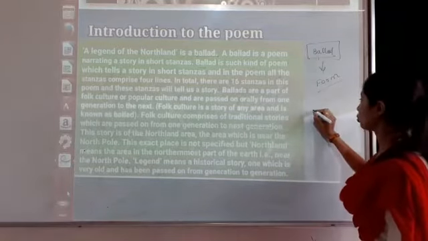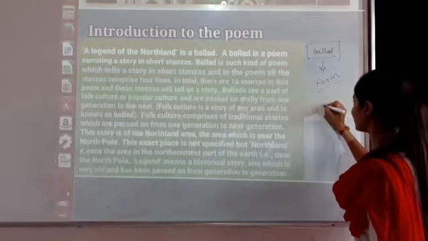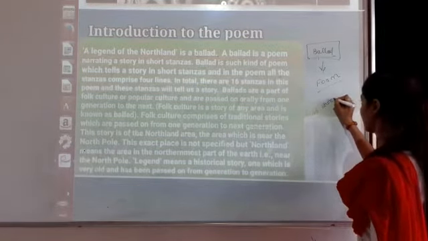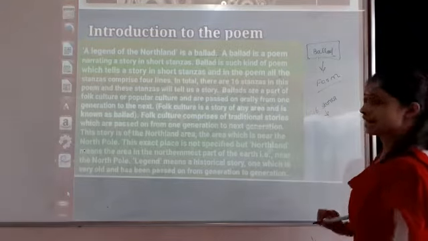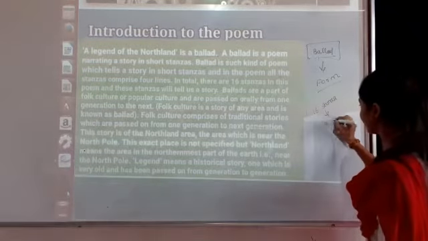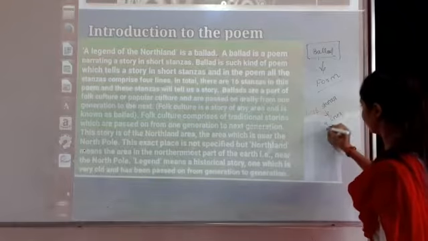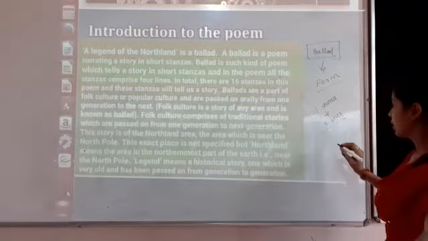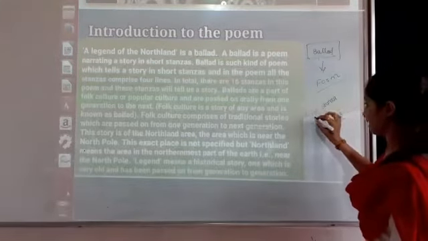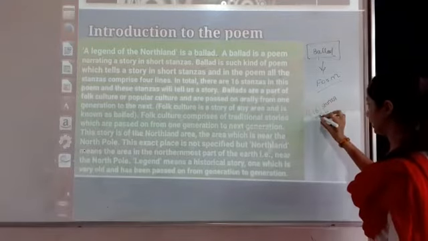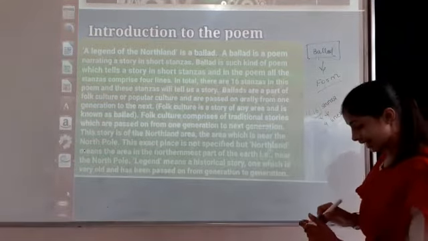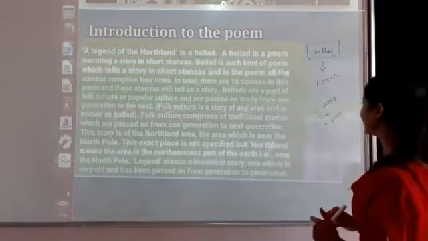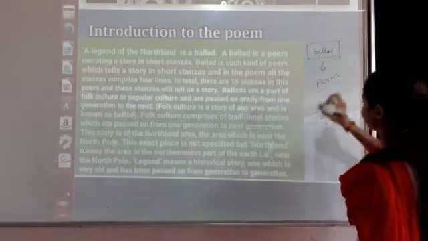In this poem, a total of 16 stanzas are there, and every stanza is made up of 4 lines. That is called a ballad.